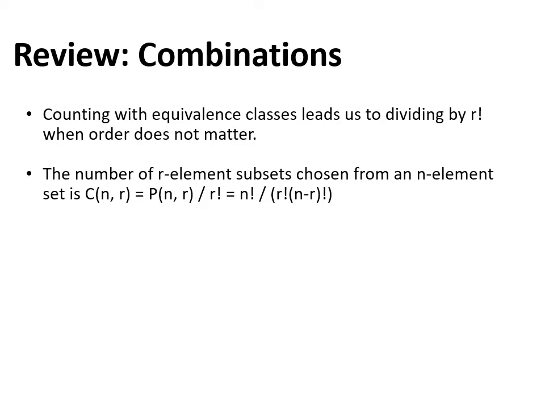And so the number of r-element subsets chosen from an n-element set is denoted as C(n, r), and that is equal to the number of permutations divided by r factorial, which is equal to this expression. So don't forget that you have to divide by r factorial. That can be a common mistake if you forget this.